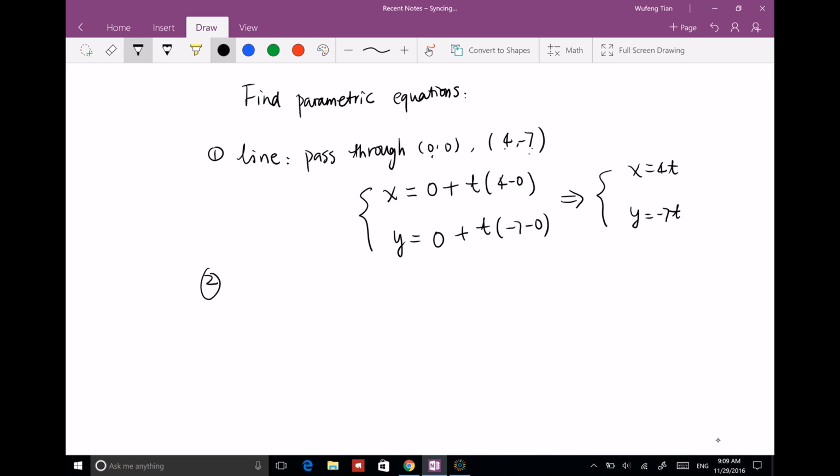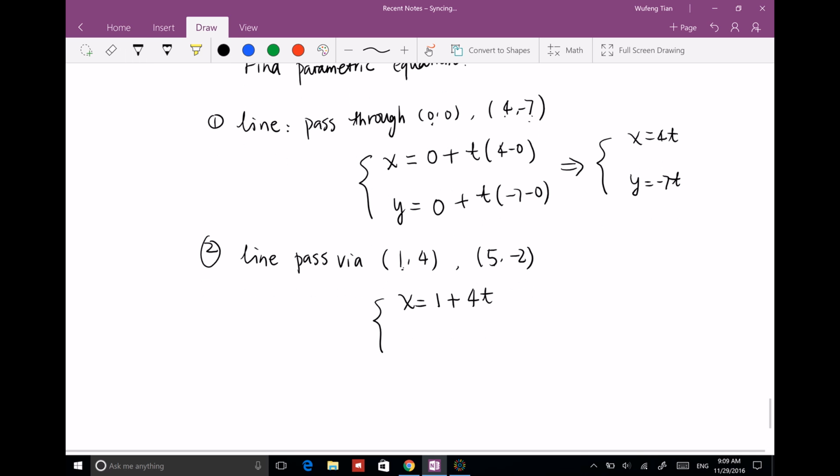Second one. Find the line passing through 1, 4 and 5, negative 2. Okay, so the parametric equation for this one is x starting from 1, so it's 1 plus the change of x, which is 5 minus 1 is 4, and the ratio is t.